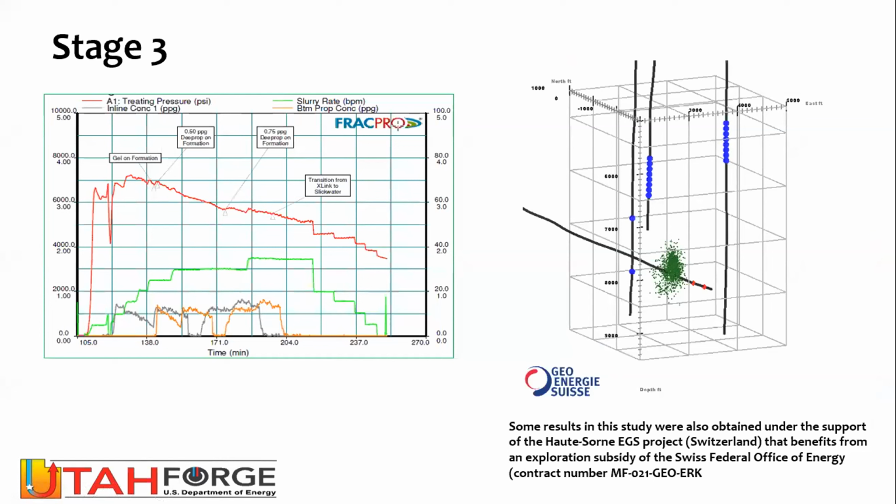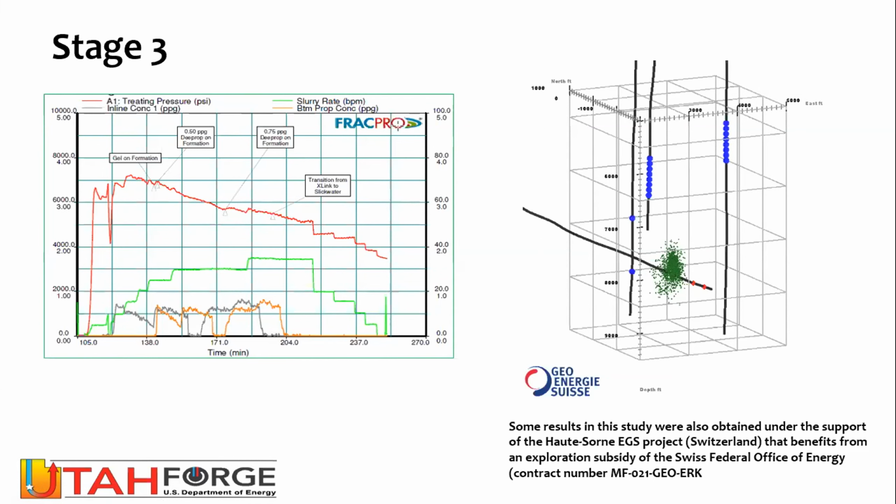You can see from the pressure indicated in red, this was an unintentional shut-in, equipment related, quickly resolved, that it is a decaying pressure, somewhat indicative of what one would take to be pseudo-radial fracture growth, and that morphology is supported, I think, by the preliminary picture of seismicity that we see on the right.